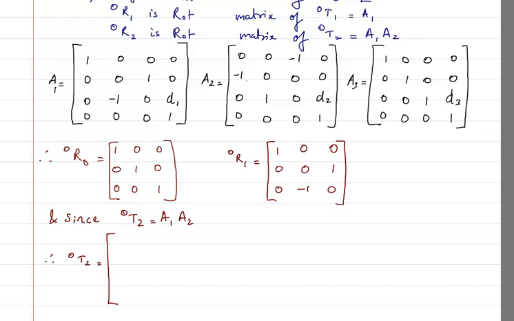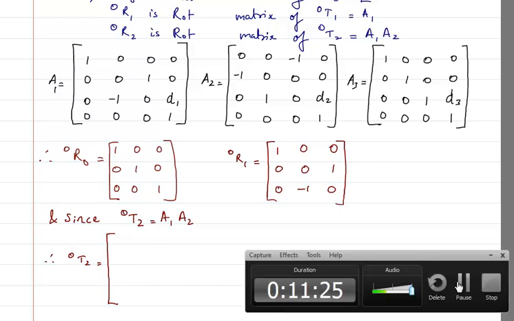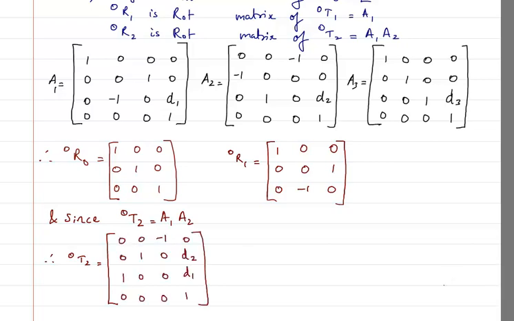If I multiply this one, I will get the answer as this, from which I will get 0R2 by just taking the 3 by 3 rotation part here. Therefore 0R2 is going to be 0, 0, minus 1 and 0, 1, 0, similarly 1, 0, 0.